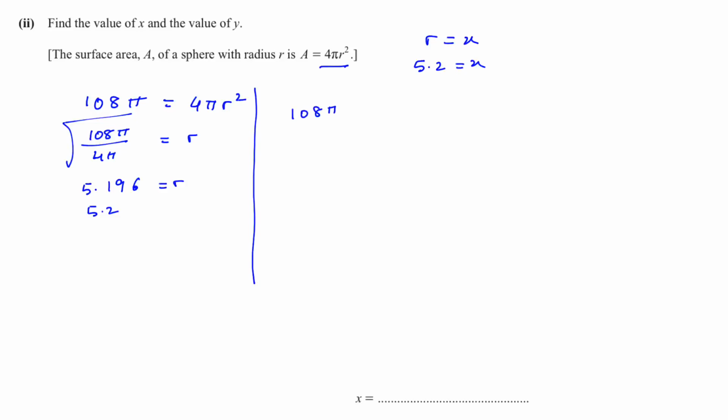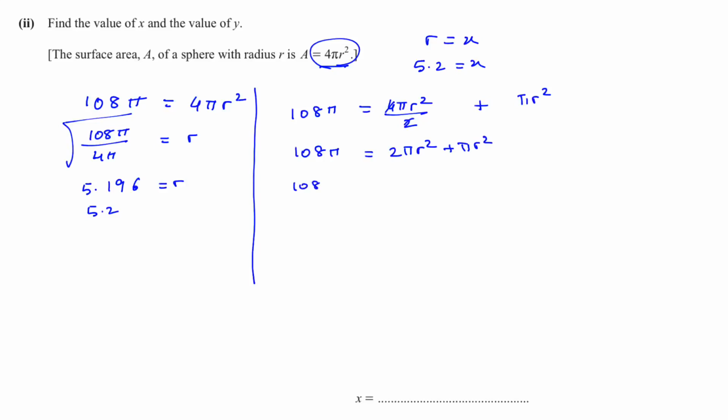we have to divide the sphere by 2. So 4 pi r square divided by 2, plus we have a circle, which is pi r square. This will give us 108 pi plus 2 pi r square plus pi r square.